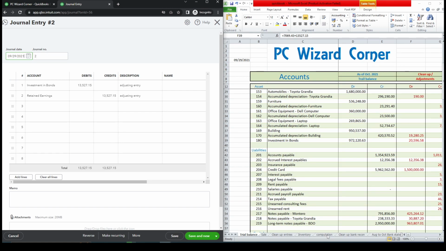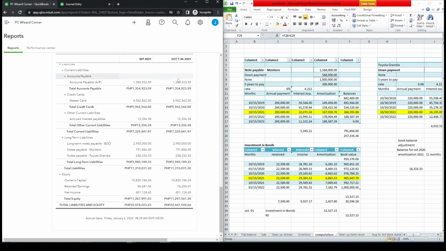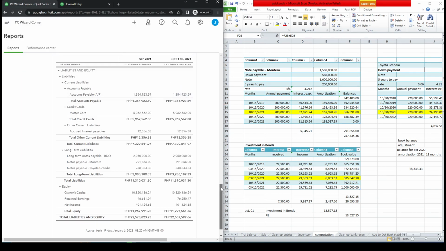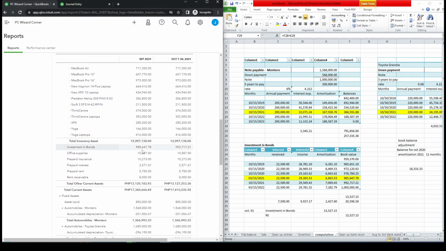Here in the computation, the balance as of March 15, 2021 is 984,000, which is correct here in the balance sheet. Yeah, it's balanced.